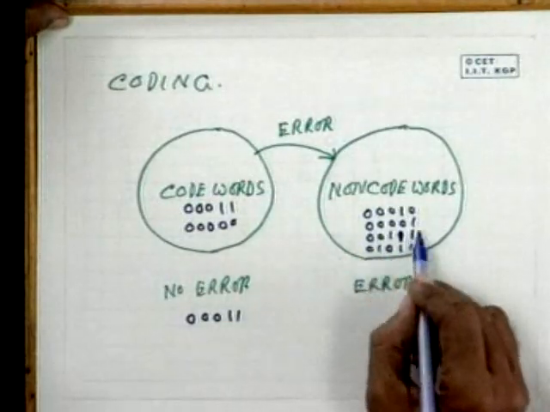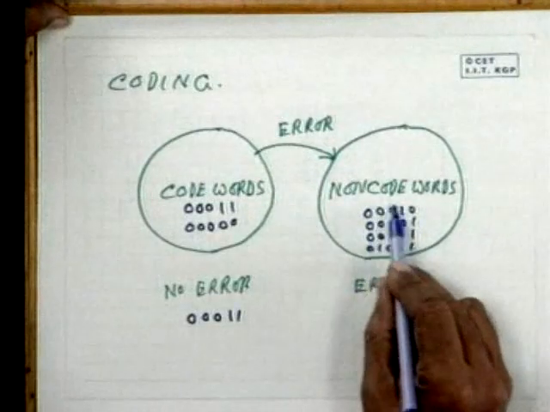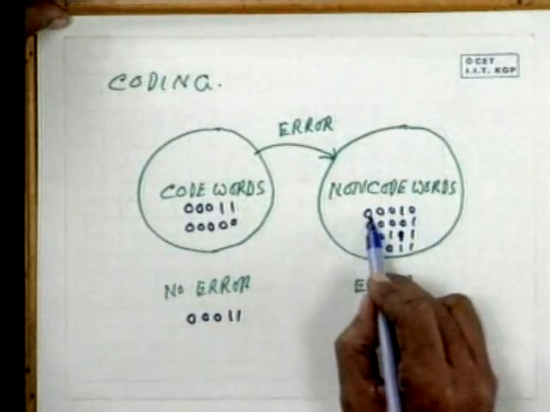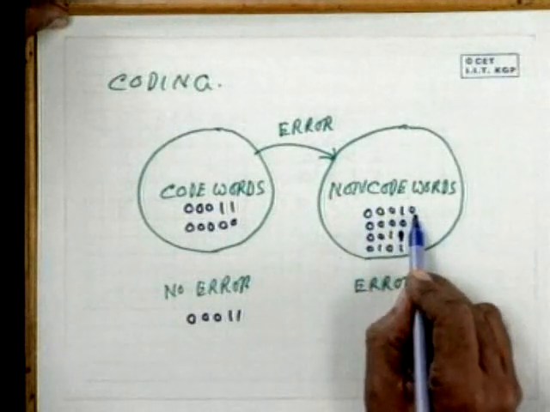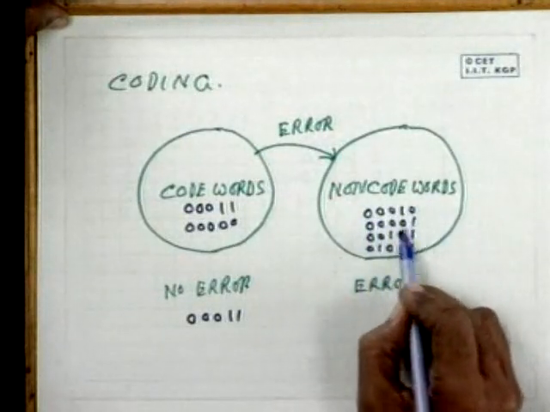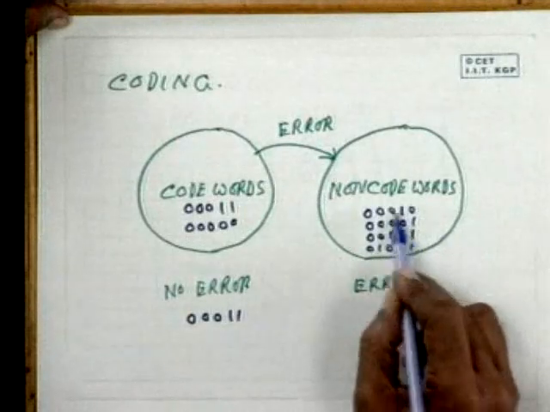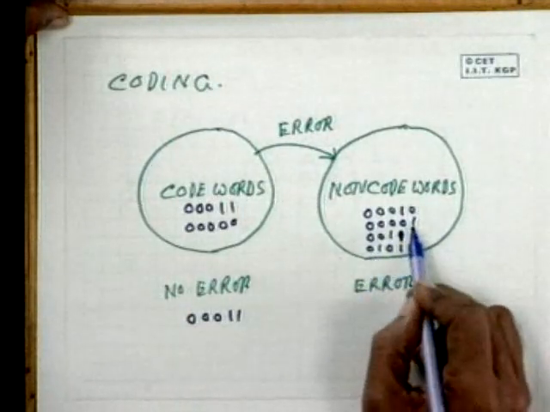Now we find that in these non-code words, all the codes are having odd parity. That means number of ones is odd, as you can see here, after getting corrupted.